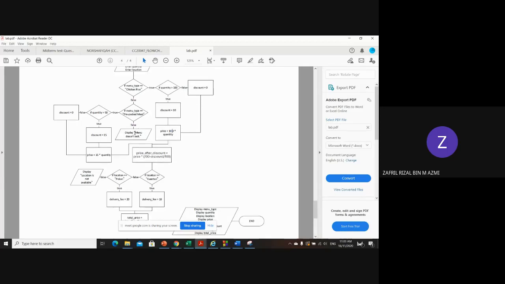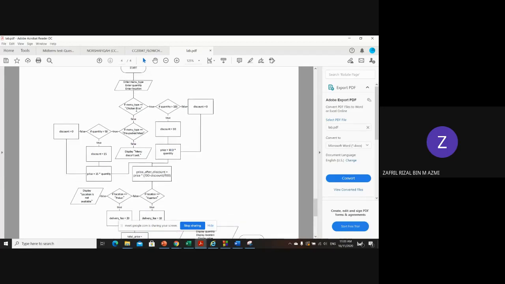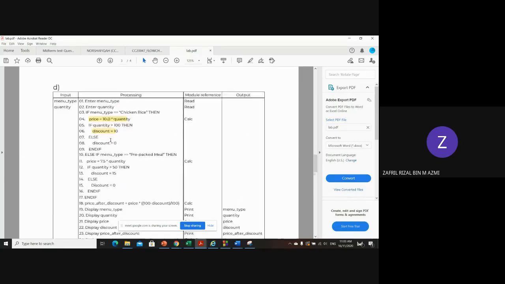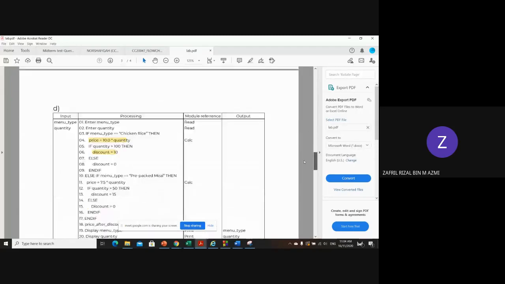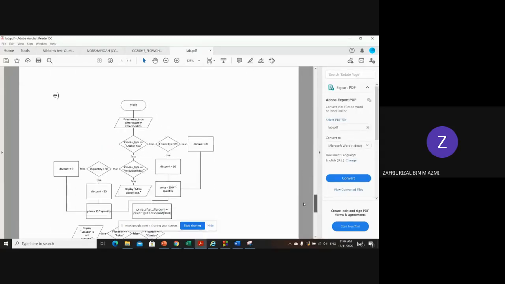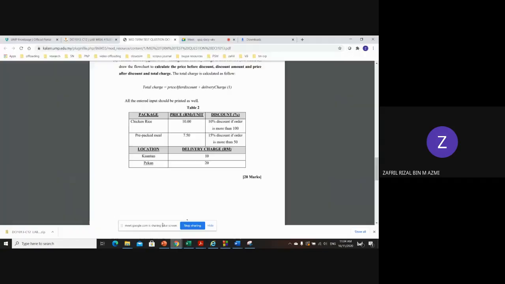So this is wrong. So supposedly, how should we fix this flowchart? After false, you go to where? So how many conditions? The question, how many conditions for the menu? Menu is either chicken rice or pre-packed meal, right? So there are two conditions.